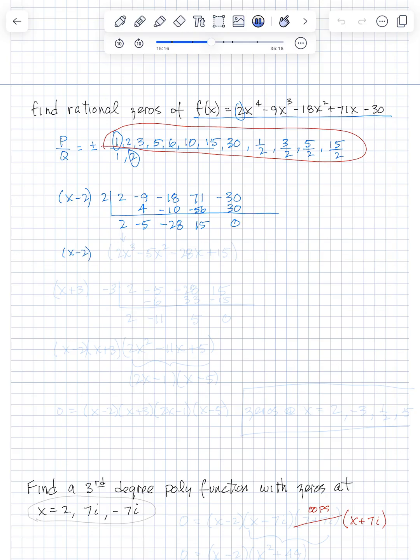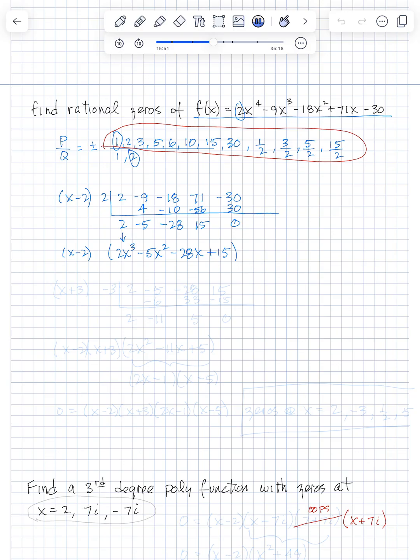And then this is times, so we drop down 1 power of x. So this is going to be 2x cubed minus 5x squared minus 28x plus 15.